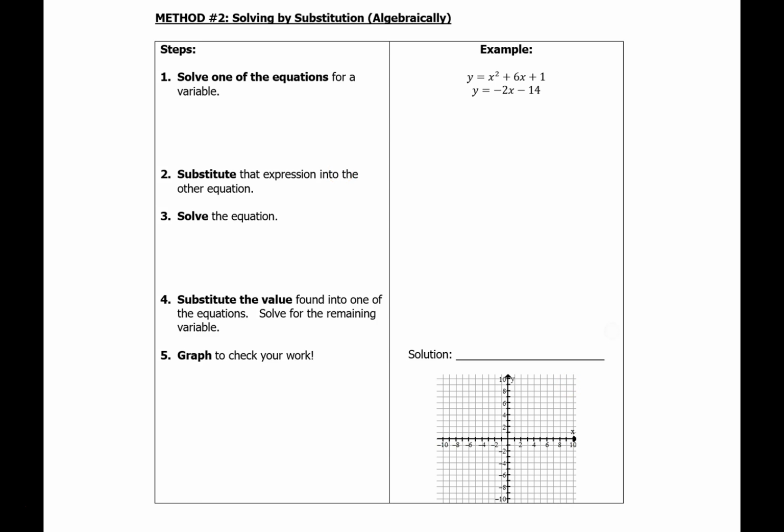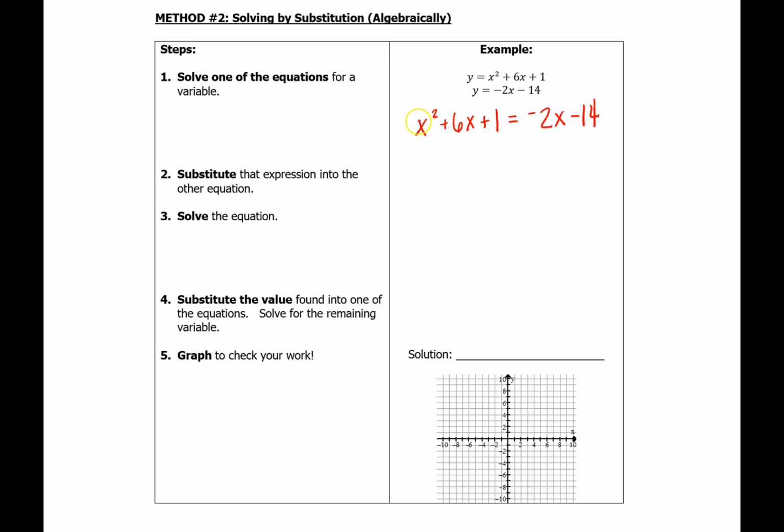So we're going to take one thing that equals y and substitute it in to the other one where the y is. Or in other words, we're going to set these two equal to one another. We're going to say x squared plus 6x plus 1 is equal to negative 2x minus 14, because if both of these are equal to y, and y is equal to y, that means they have to equal one another. So then from here, we're going to just solve the equation.